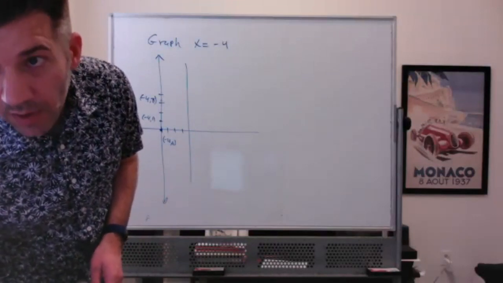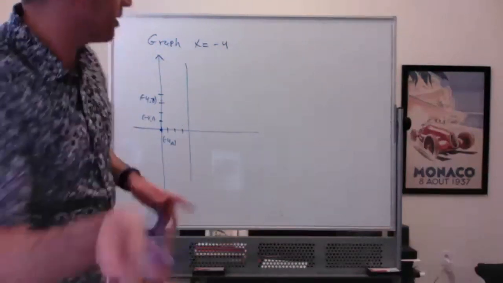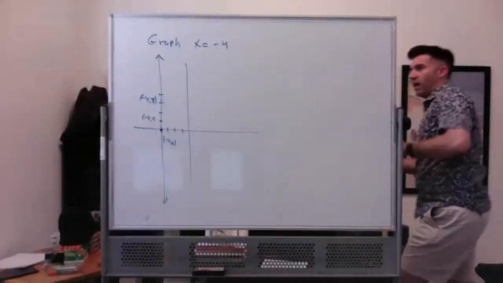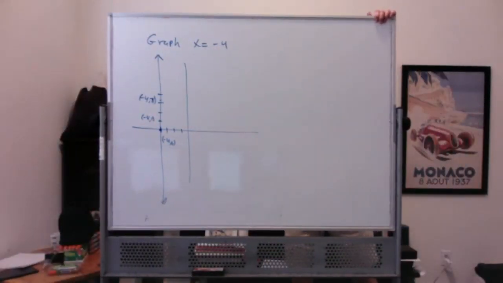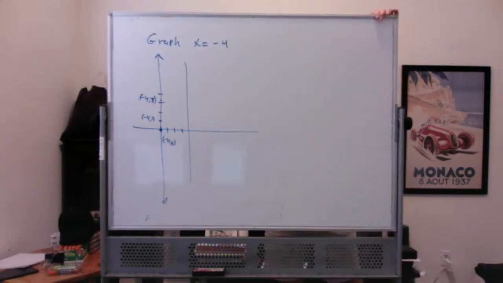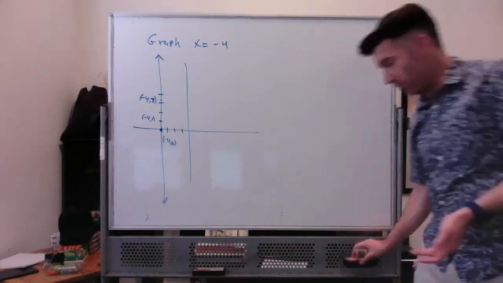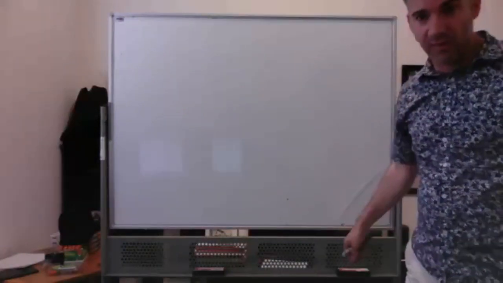Cool. So the other thing I want to talk about is that graphing lines typically feels easier in slope-intercept form, or as some people like to call it, the y equals mx plus b form. But doing it in the other form is also perfectly fine.